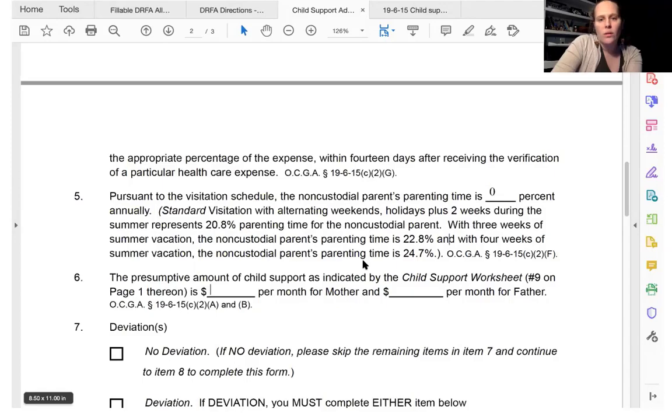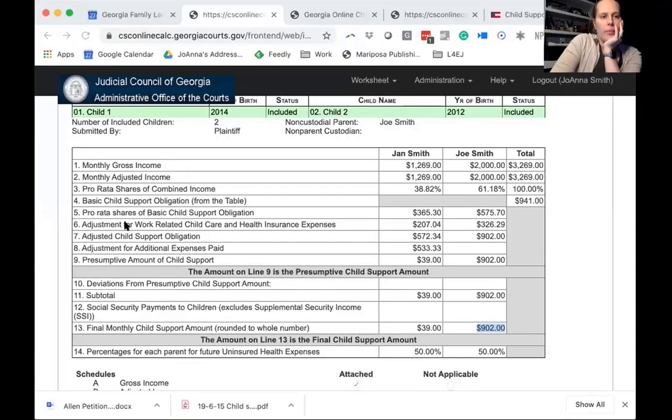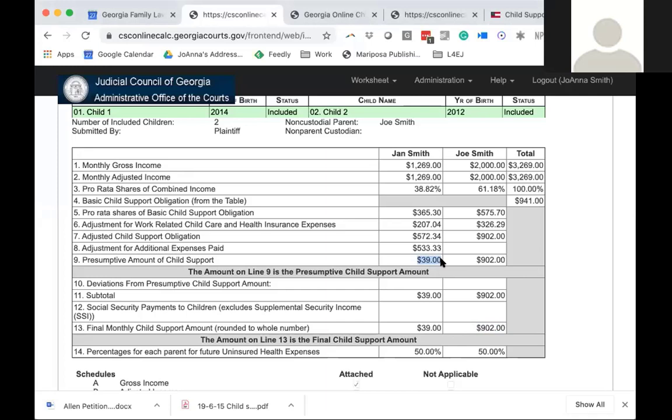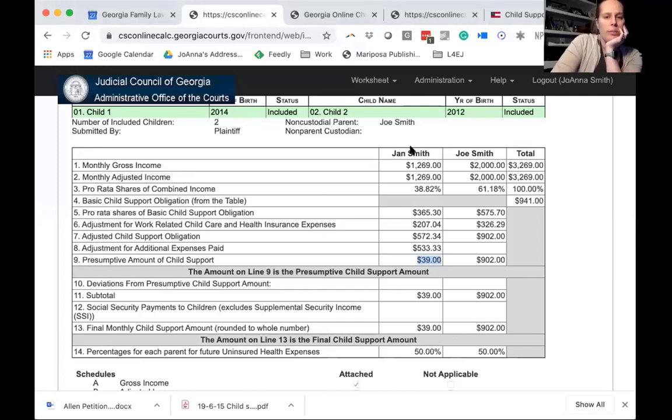Do you remember? Here, I'll show you guys again. This was our child support worksheet. Remember, this was the presumptive amount for mom. This was the presumptive amount for dad. So 39 and 902.